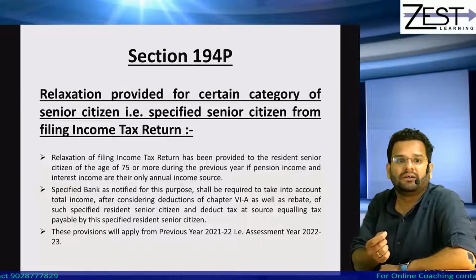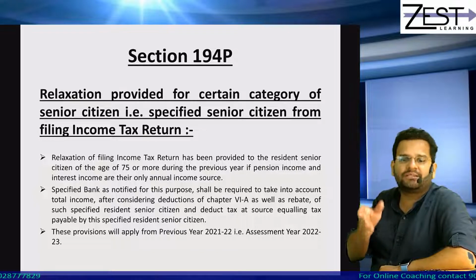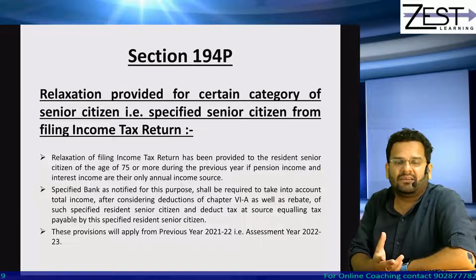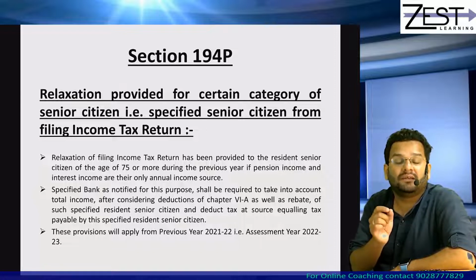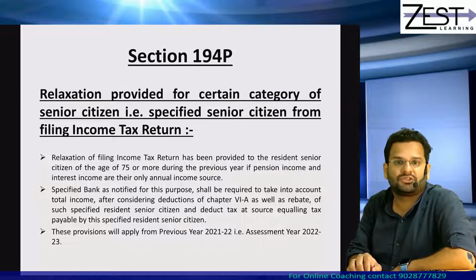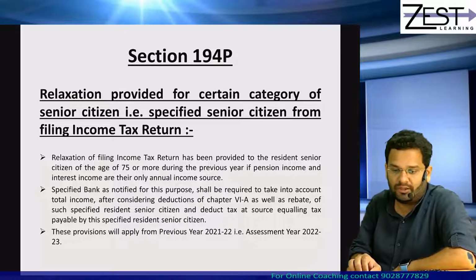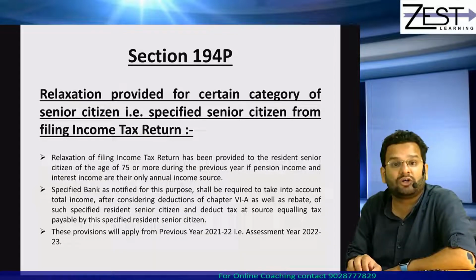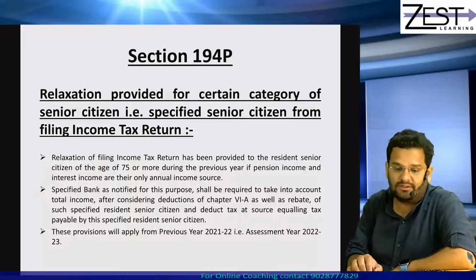Getting the point? That bank will do TDS equal to tax payable, and once that is done, then there is no need of filing income tax return for such senior citizen. Okay, so yes, this 194P is newly inserted, so these provisions will apply from AY 22-23.